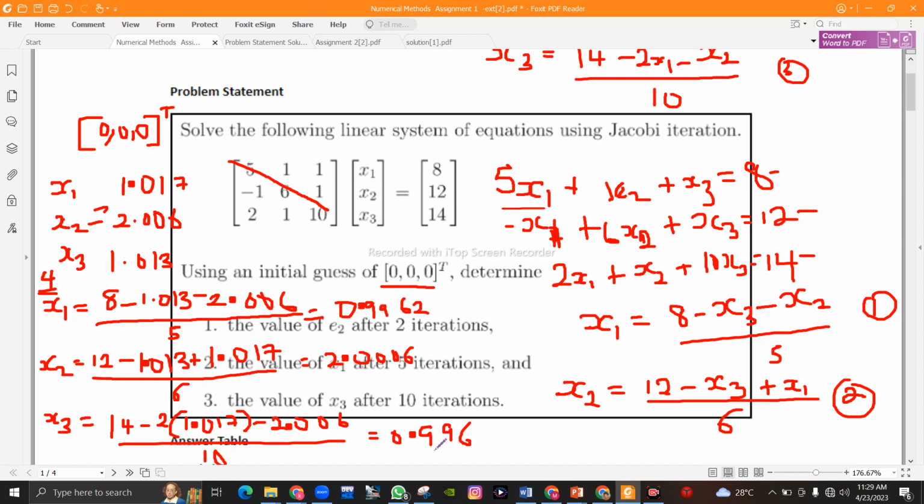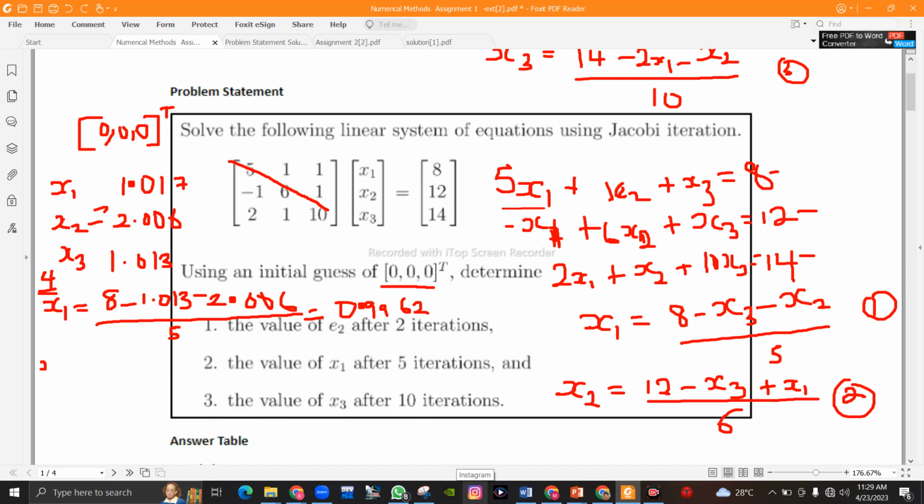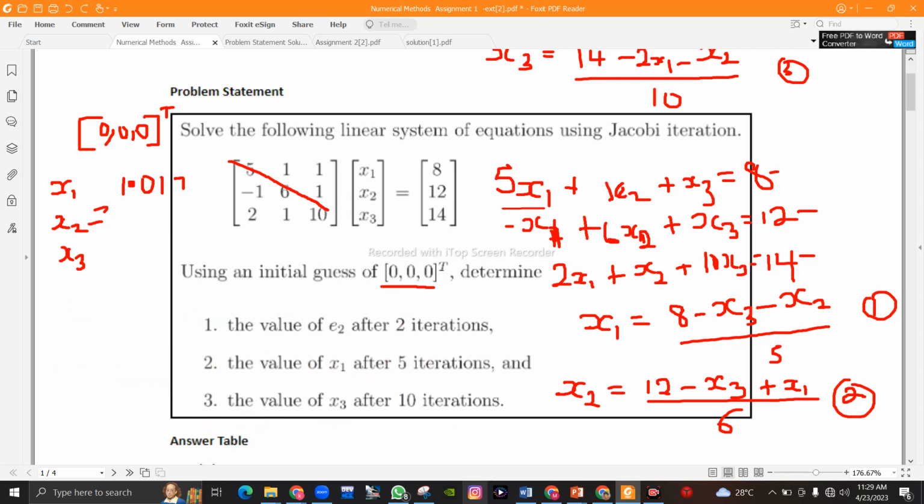Since we are asked to go for the fifth iteration, let's go to the fifth iteration. This is now our new value. The same procedure all through. So what's our new x1 now?